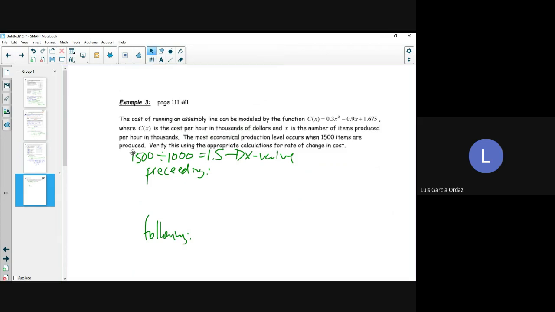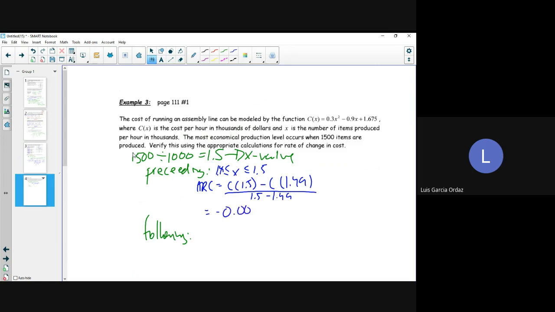We're going to be looking for preceding, which is before: x is less than or equal to 1.5, but greater than or equal to 1.49. So our average rate of change would equal c at 1.5 minus c at 1.49 divided by 1.5 minus 1.49, and we get that to be negative 0.003.